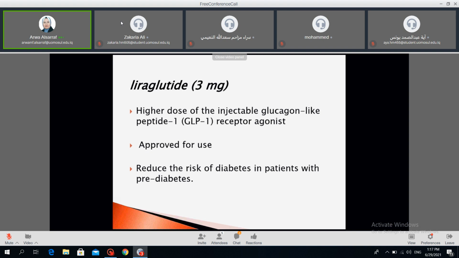This was used to treat diabetes. They also saw that it reduces the appetite, and it will control the weight of patients who are obese and even non-diabetic. It is approved for use, even in Iraq it can be used now, and in Europe and in USA. It is also reducing the risk of diabetes in patients who are pre-diabetic.